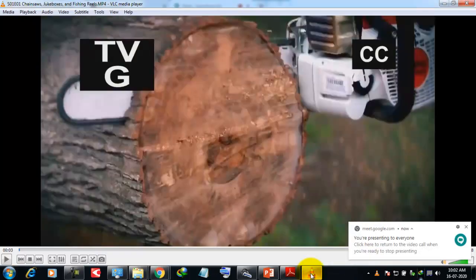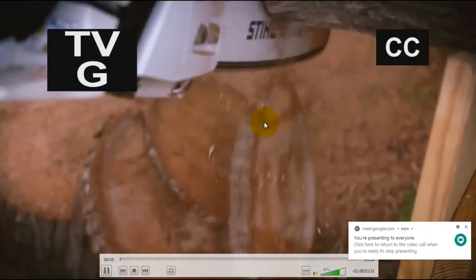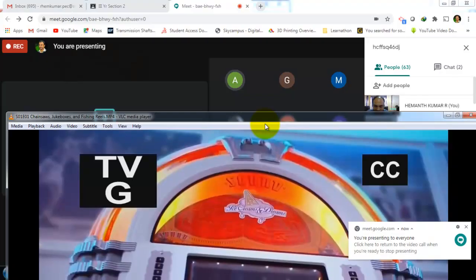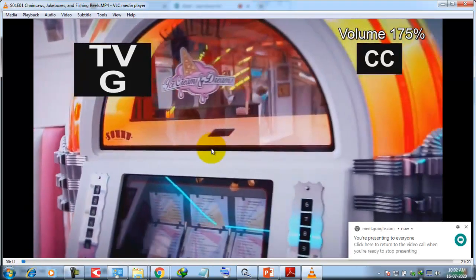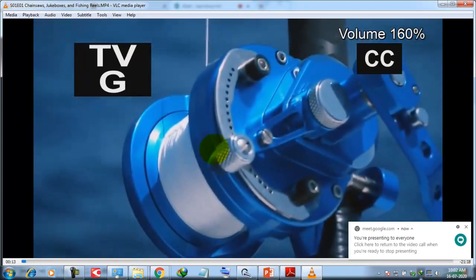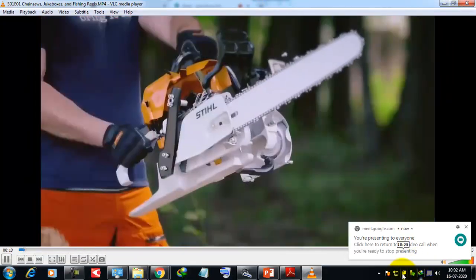Hardwood like a hot knife through butter. What allows a jukebox to play thousands of songs without getting jammed? And what makes the fishing reel tough enough to pull in the big one?